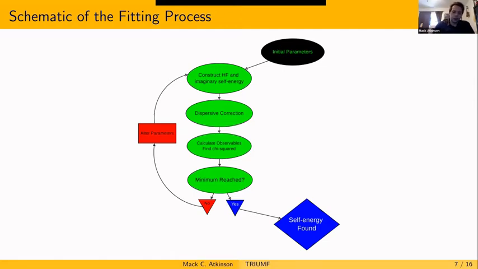If not, you alter the parameters and continue the cycle until some kind of convergence has been reached. And then you can feel confident that a self-energy has been found.